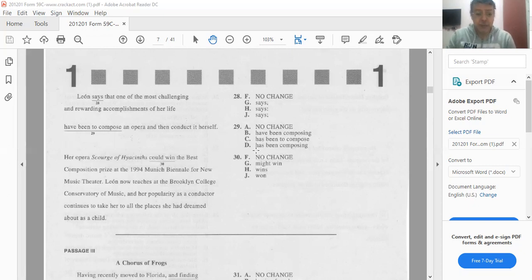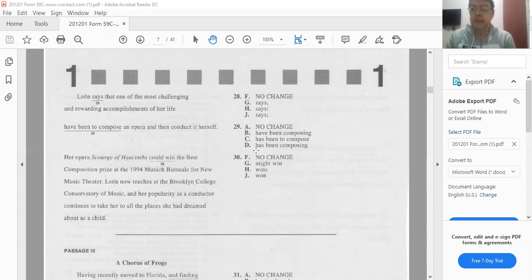Looking at the last question here in that passage, her opera, Scourge of Hyacinth, could win the Best Composition prize in 1994? No, that doesn't sound correct. Might win? No. Wins? No. Won, because this is what actually happened. Back in 1994, her opera won the Best Composition prize.